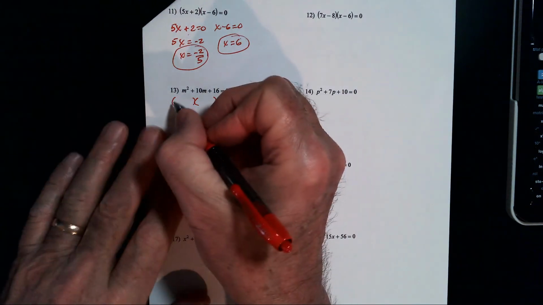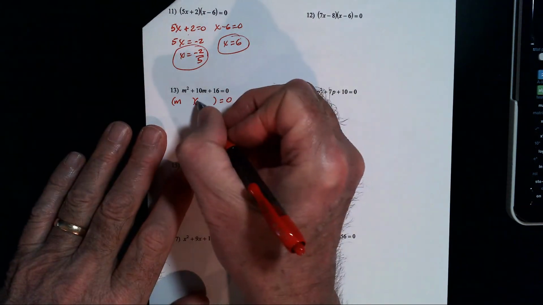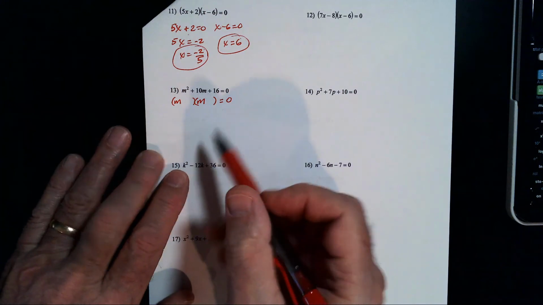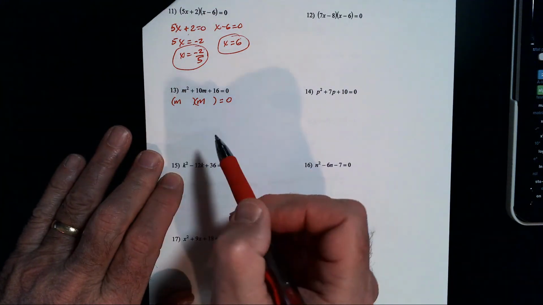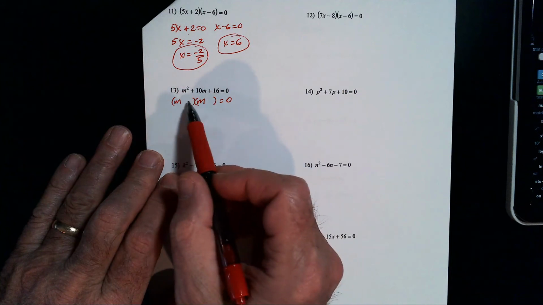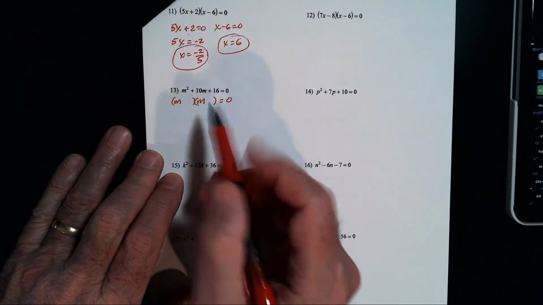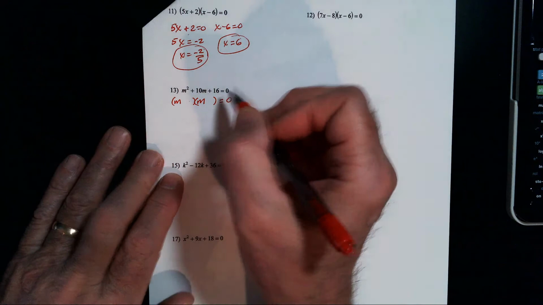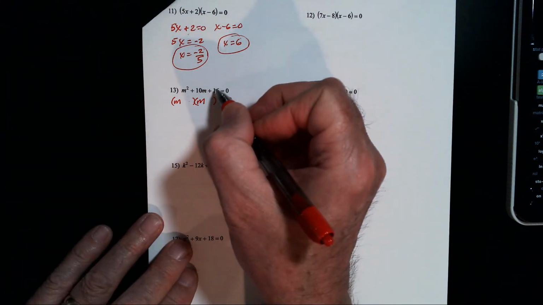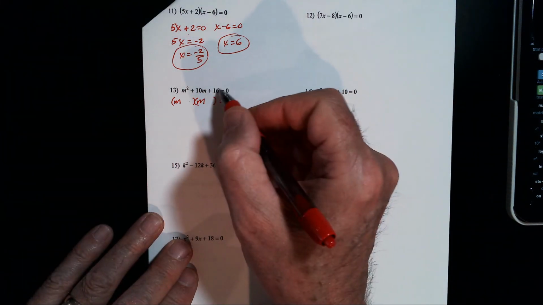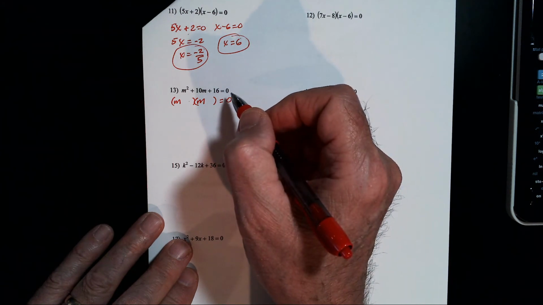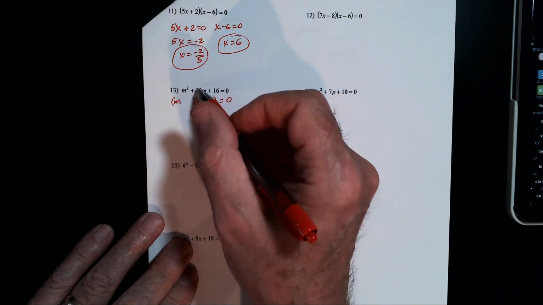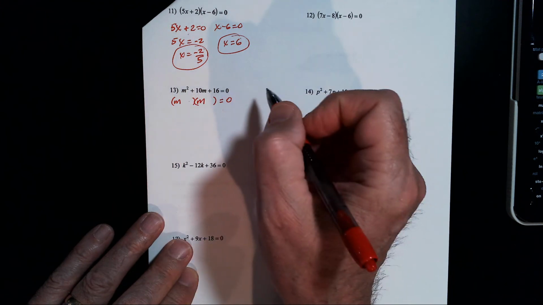The first term here will be m, because think about that, multiplied m times m, you get m squared. Now, what are the two other numbers? Well, here's the trick. They multiply together to get the C number, which is 16, and add together to get the B number.